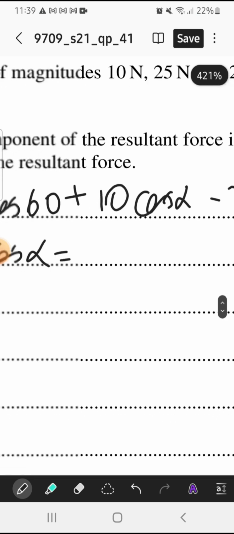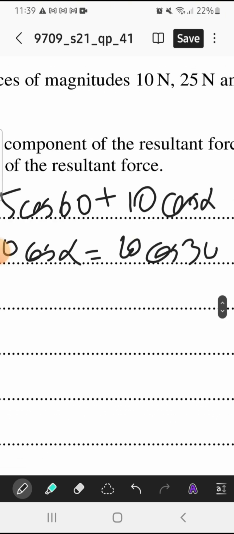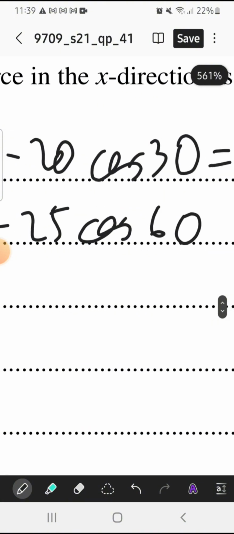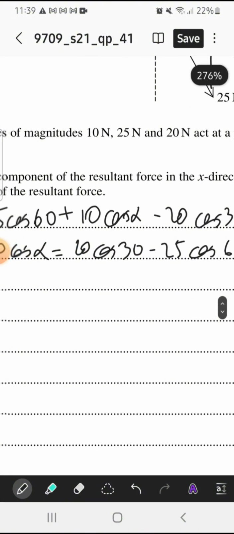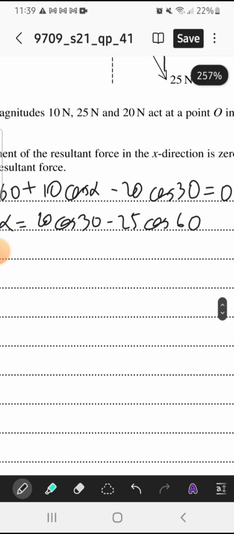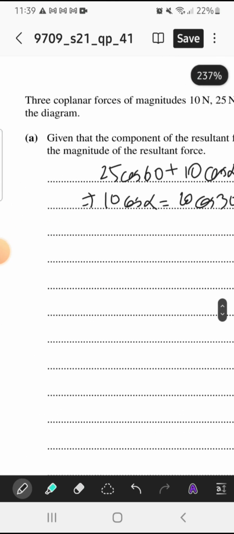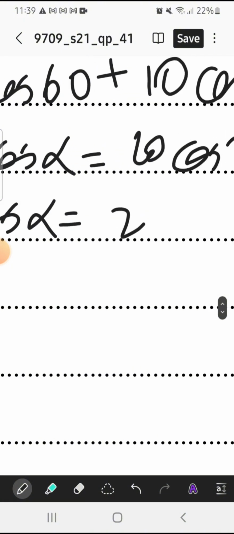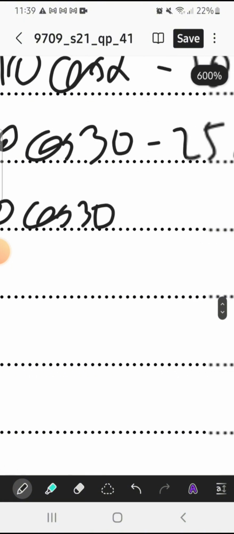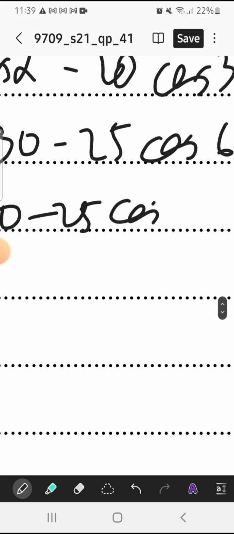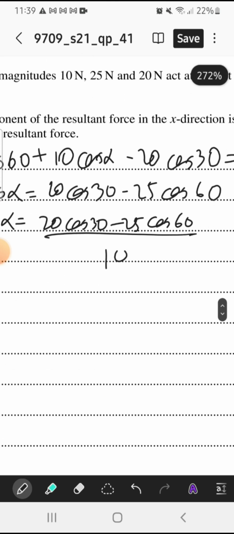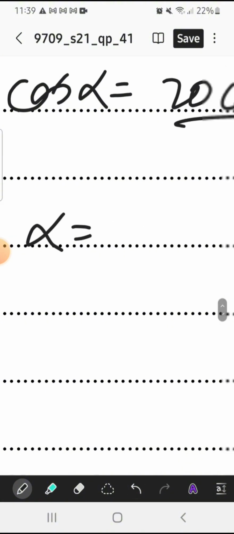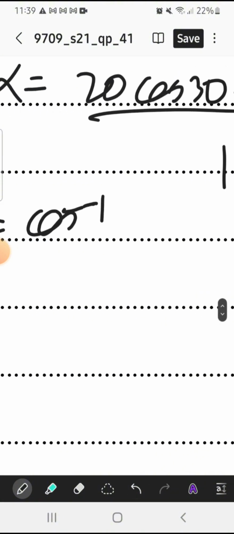So I'll get 20 cos 30 minus 25 cos 60. Now the best trick is that instead of simplifying this a whole lot, I could just put this whole thing on the calculator, or even more simply write cos alpha equals 20 cos 30 minus 25 cos 60, this whole thing divided by 10, and then alpha equals cos inverse of this whole thing directly.